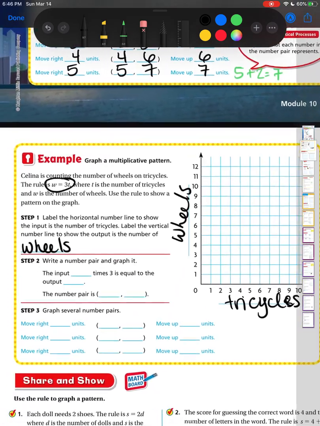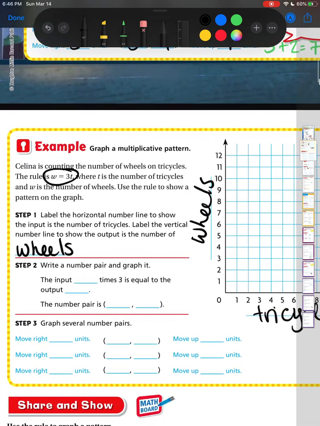And so now let's write a number pair and graph it. Looking at our rule, W is equal to 3 times T. So our input is T times 3, which is equal to our output of W. I could basically pick any number and figure out what our number pair is.